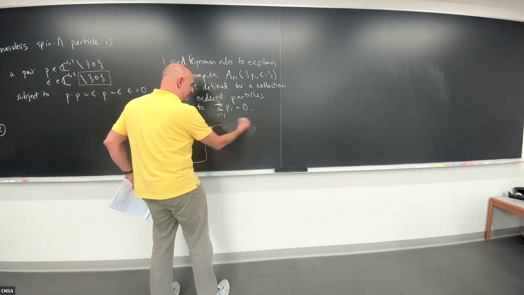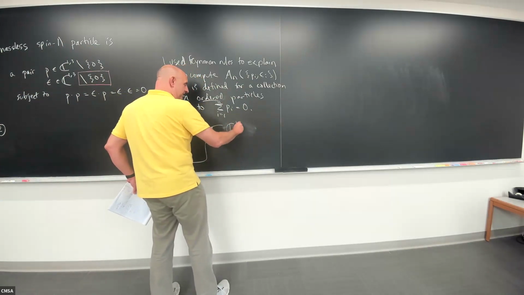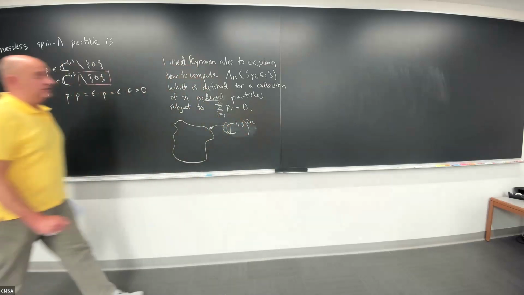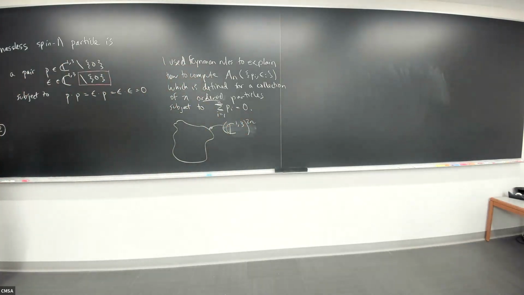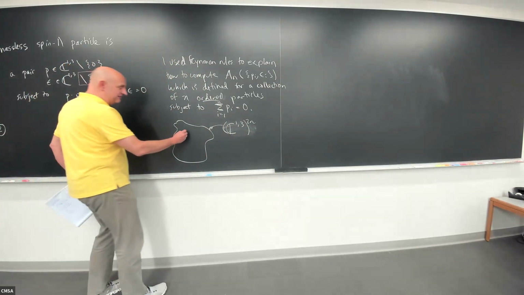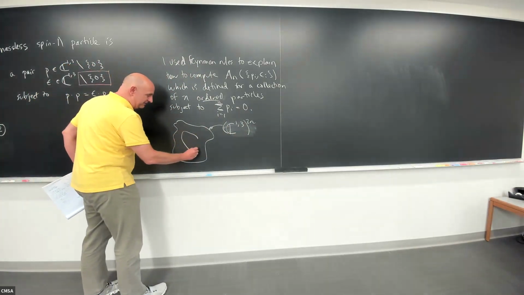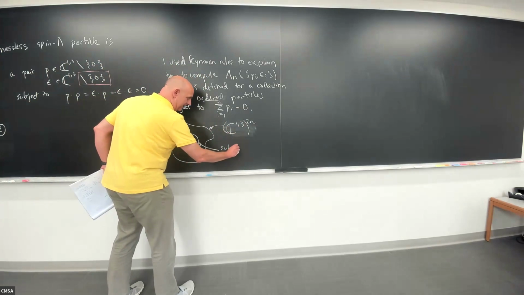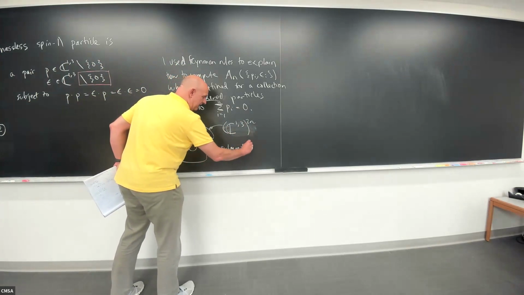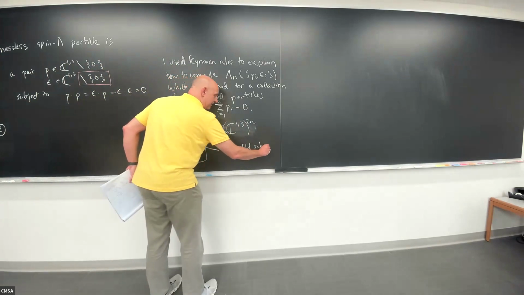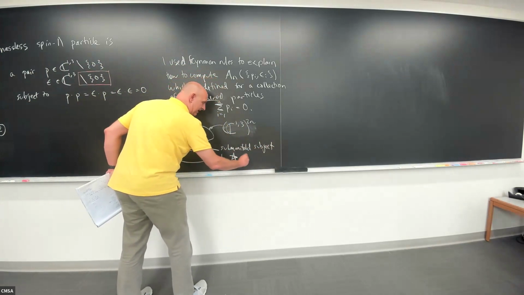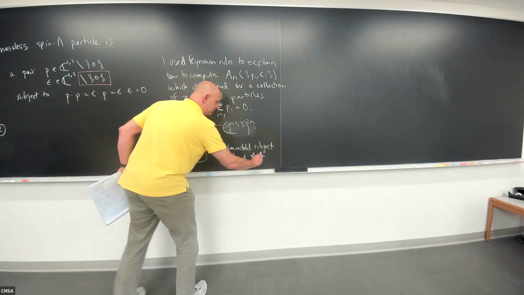I mentioned this last time. If this is 2n copies of C^4, and sitting inside it is the submanifold subject to all of the constraints, star and double star.